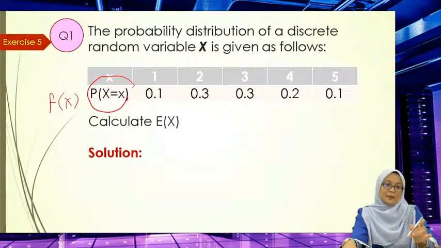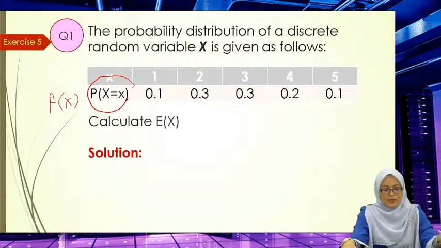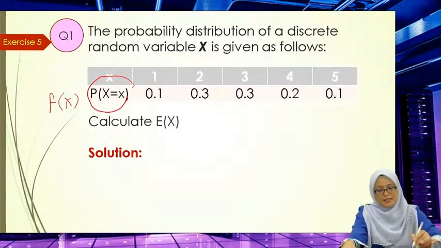Basic nak cari expectation mesti daripada F kecil. So to calculate expectation means that you akan darab nilai X ni dengan dia punya probability. Ni darab 2 times 0.3 darab, 3 times 0.3 darab, 4 times 0.2 darab, 5 times 0.1 darab.